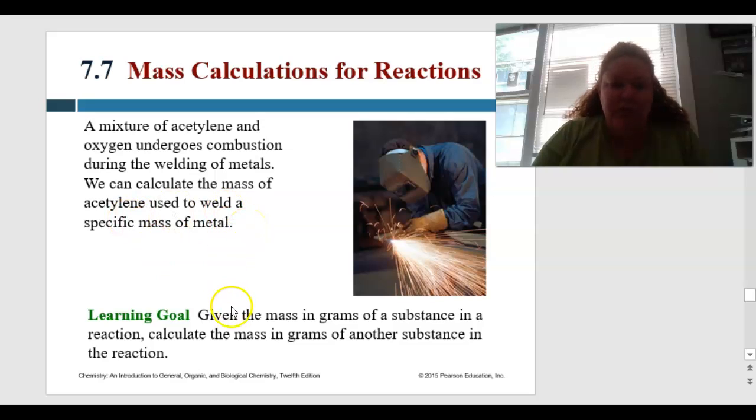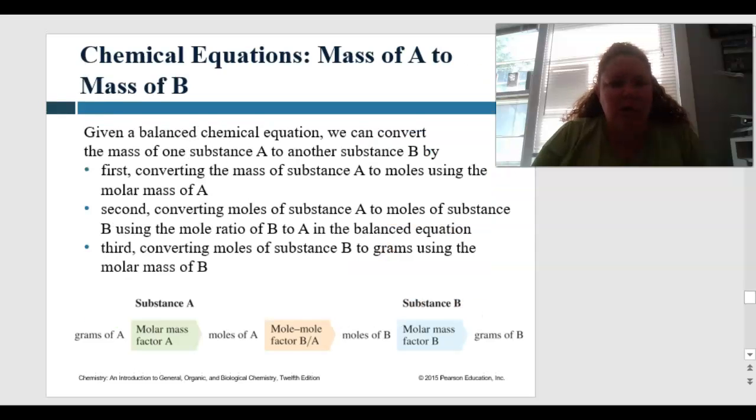So what is our learning goal for this? Given the mass in grams of a substance in a reaction, we're going to be able to calculate the mass in grams of another substance in the reaction because, again, everything has to be equal.